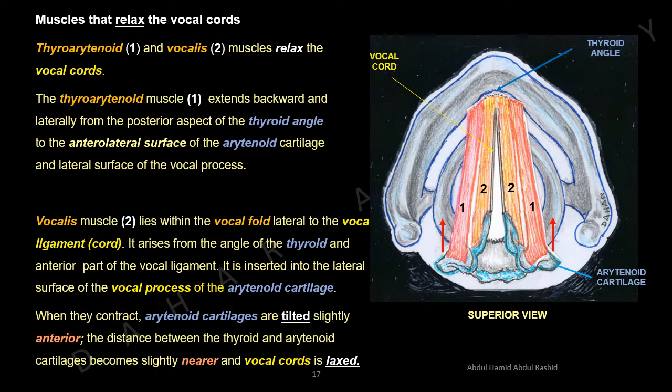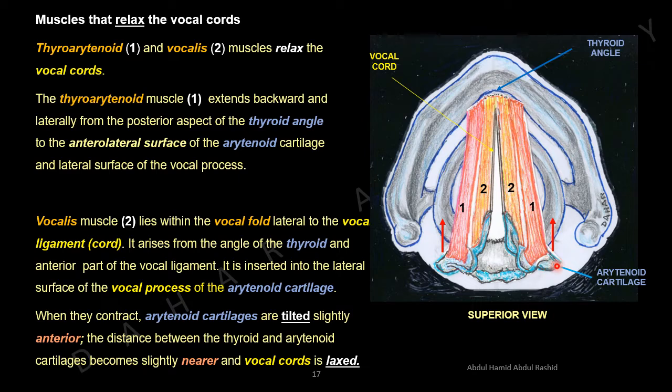Muscles that relax the vocal cords. They are the thyroarytenoid and vocalis muscles. Look at the diagram here. We are looking from above. Thyroid cartilage. This is the angle of the thyroid cartilage. This is the cricoid cartilage, lamina of the cricoid cartilage. On top of that is a pair of arytenoid cartilages.